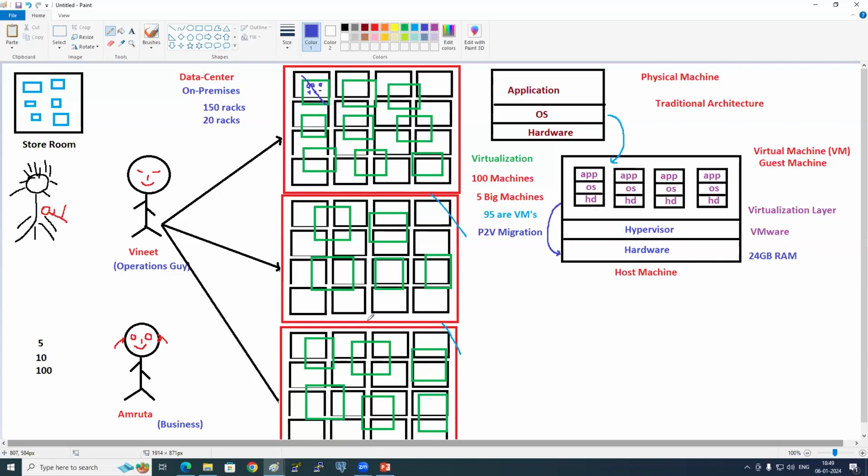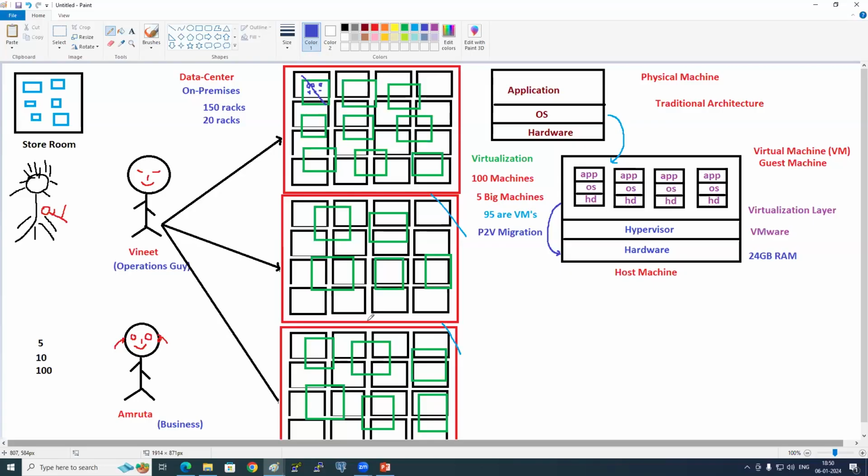Amruta said, I want to sign this project. Then the new person asked, what's the problem? Vinith said, I have so many issues with the data center. I was in physical, later I moved to virtual. Still, I'm back to the 3 data centers and so many issues are coming in. I could not handle it.